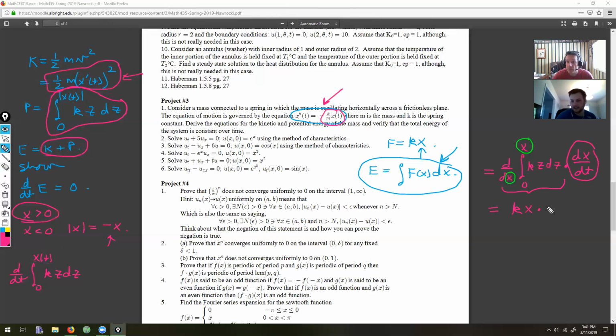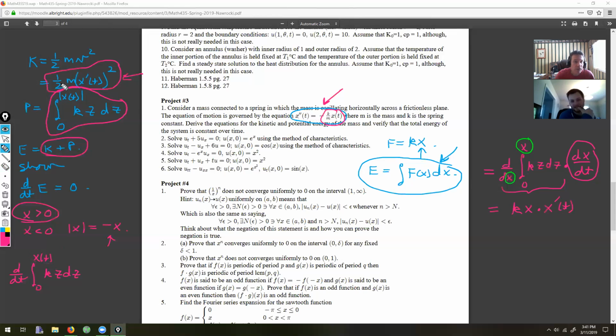And this term right here is going to be what? No, I'm sorry, not 1. It's dx/dt, not dx/dx. It's just going to be x prime. Now you can use your equations here.